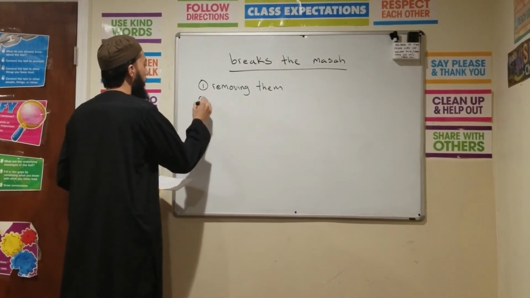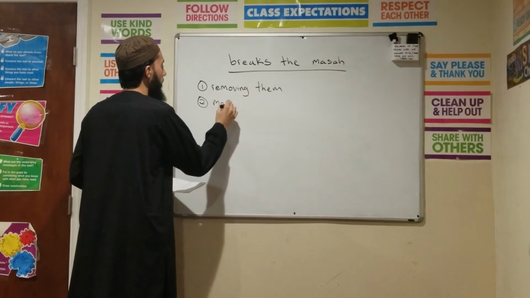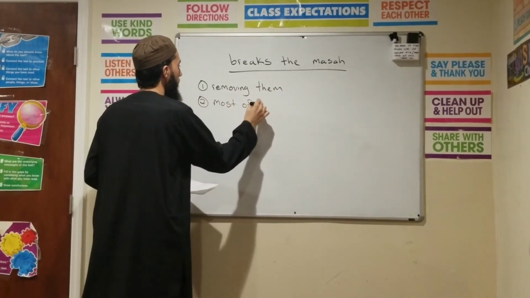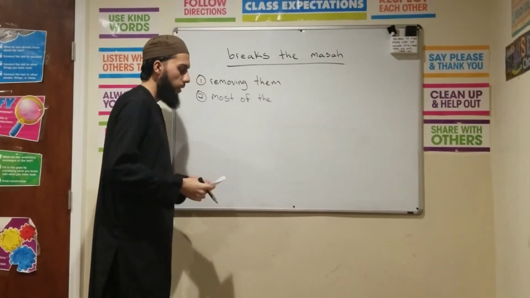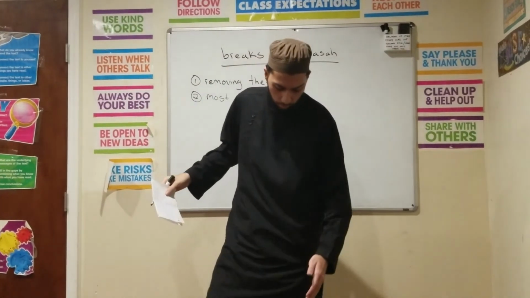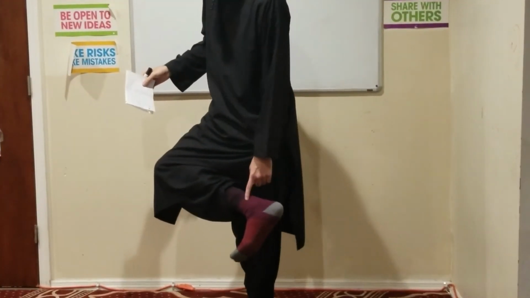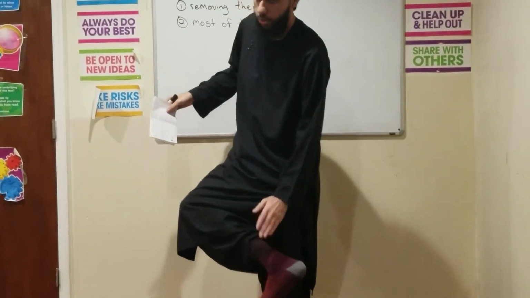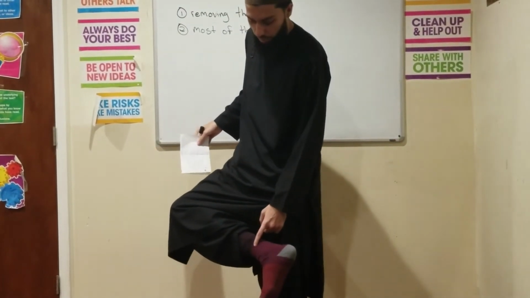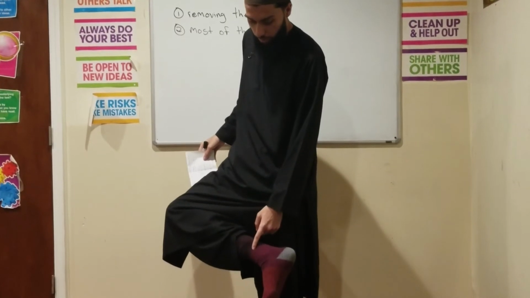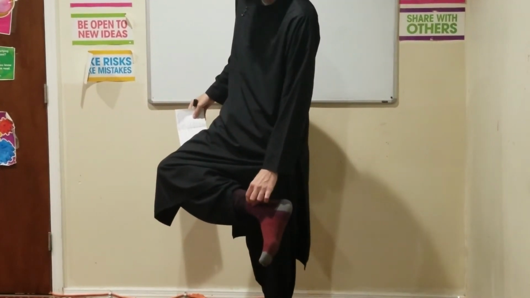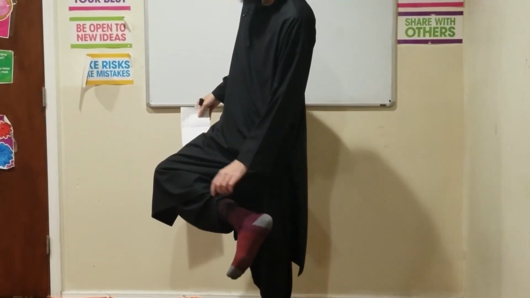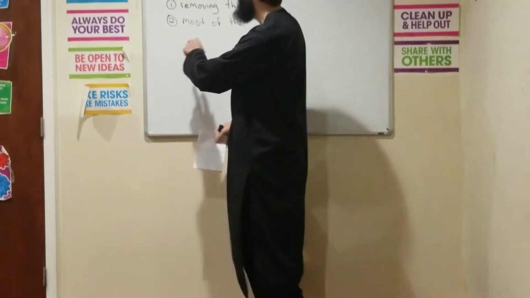Number 2, if most of the foot comes out of the sock. I'll give you an example. You see above the ankle, if more than half of the foot comes out, say for example, the leather sock is up to here. It covers up until here. If more than half of my foot comes out from this specific area, then that will be considered as if I removed them.